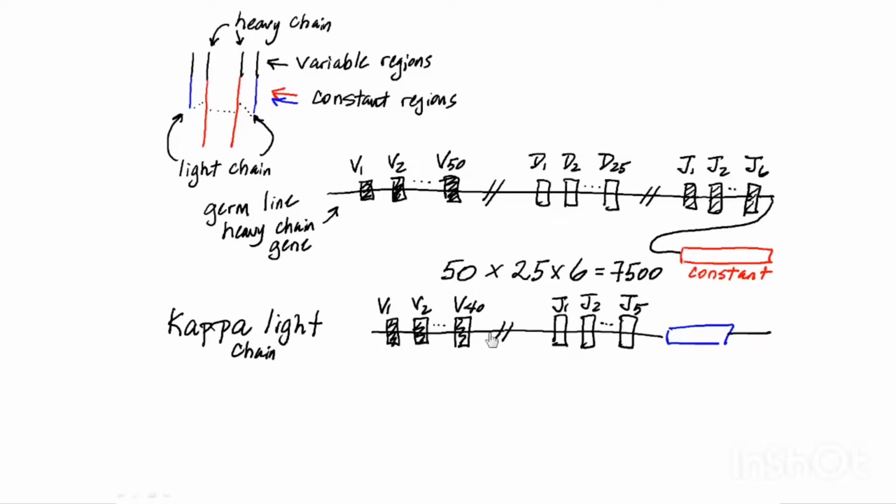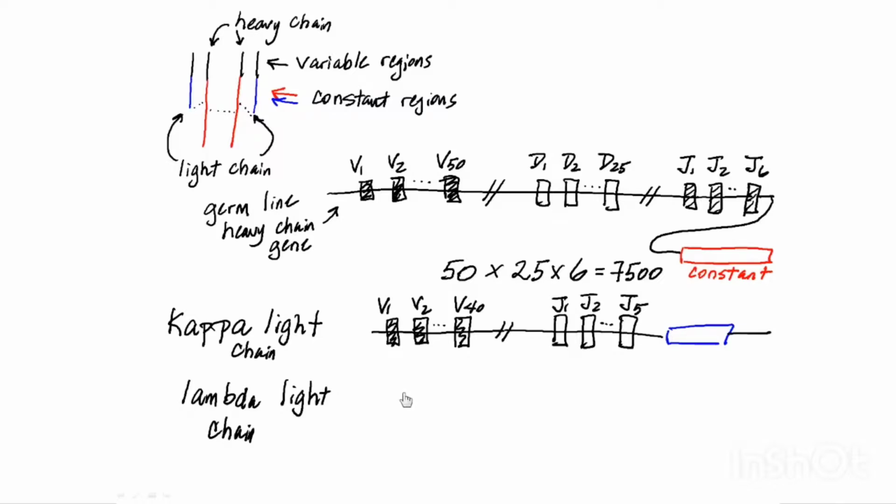But there's also a lambda light chain. Now it's interesting, the lambda light chain looks a little bit different. And actually, if you go to the chapter on gene duplication, at the very origins of the VDJ recombination, you can imagine that the duplication could have occurred in a way to produce the lambda light chain.